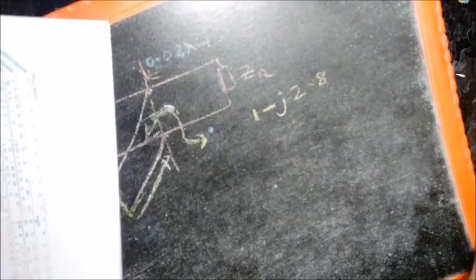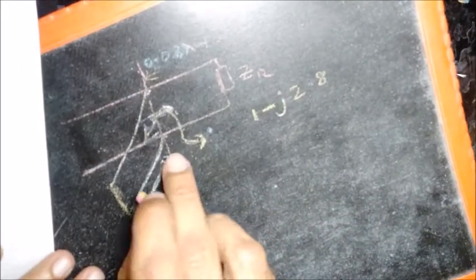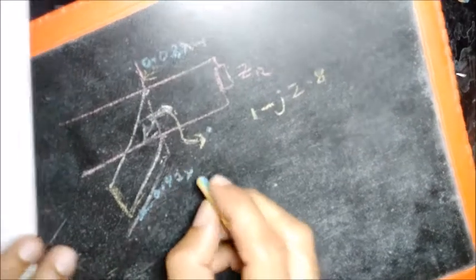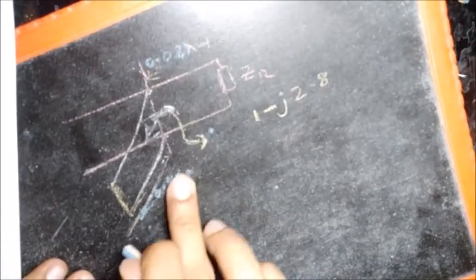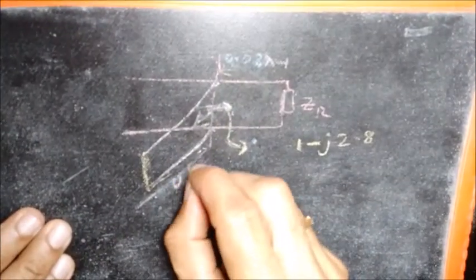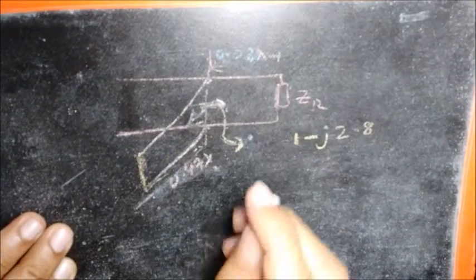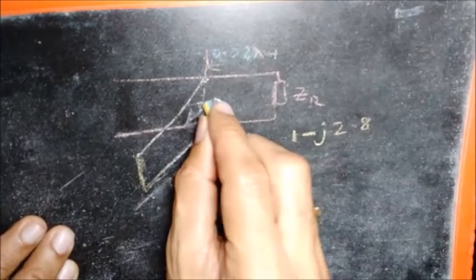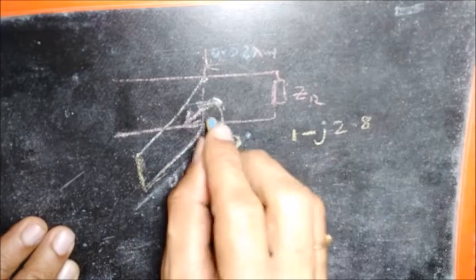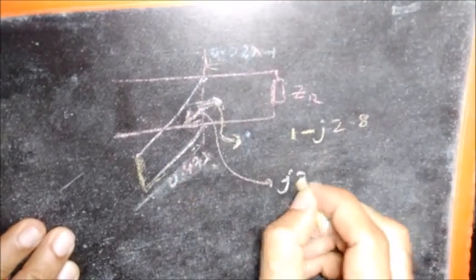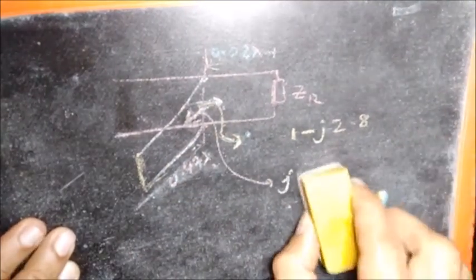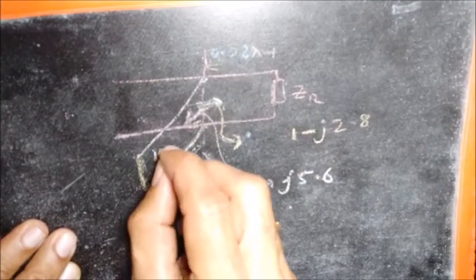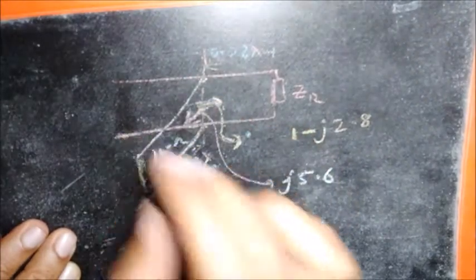So if the stub is of length 0.47 lambda, then the input admittance will be j5.6 normalized with respect to 100 ohm characteristic impedance.